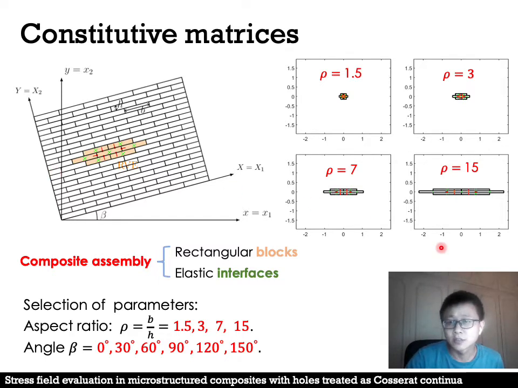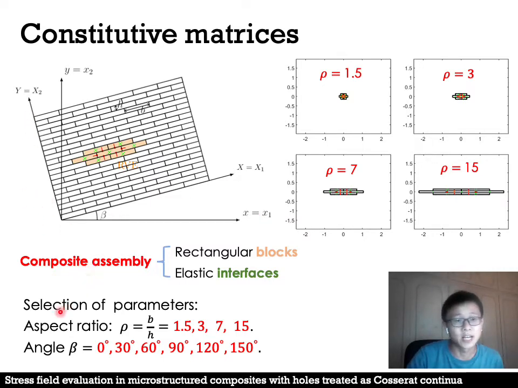The different directions of microstructures can be represented by transforming the assembly angle beta from the lower-case xy coordinate system to the capital XY coordinate system.